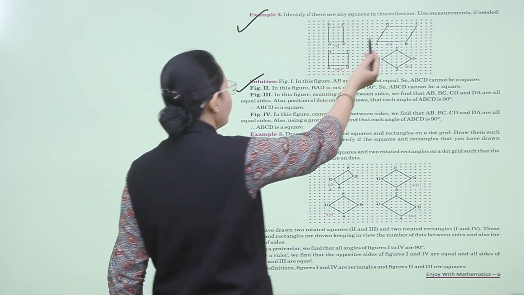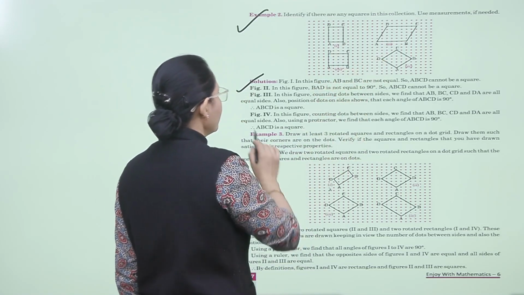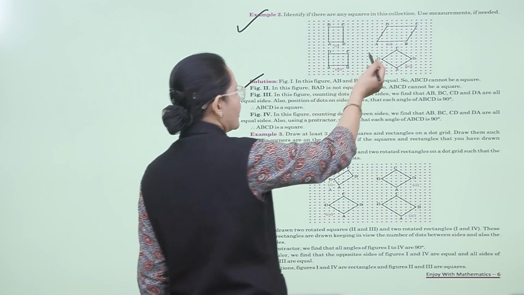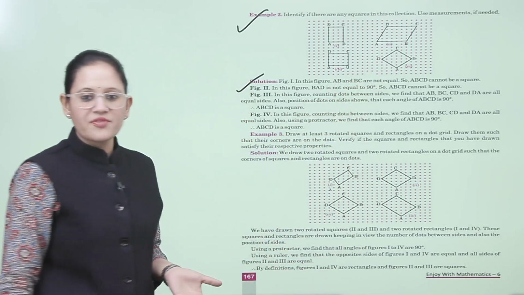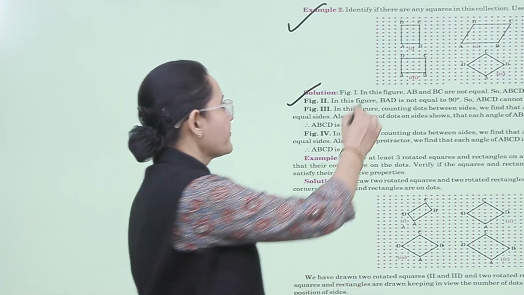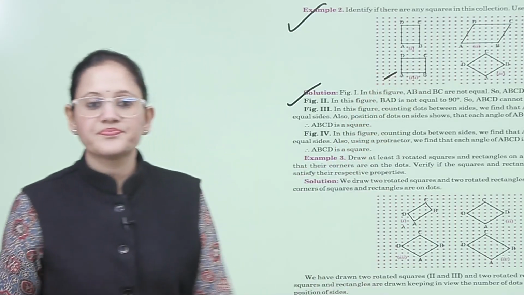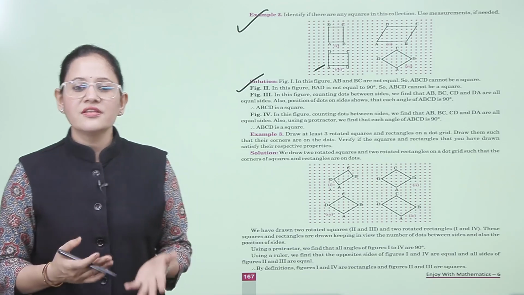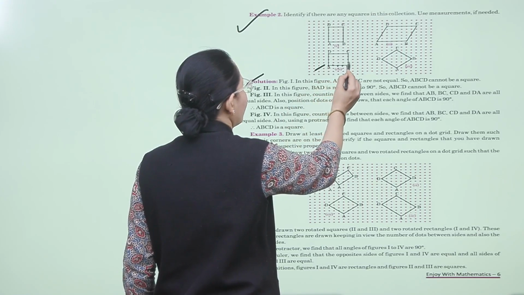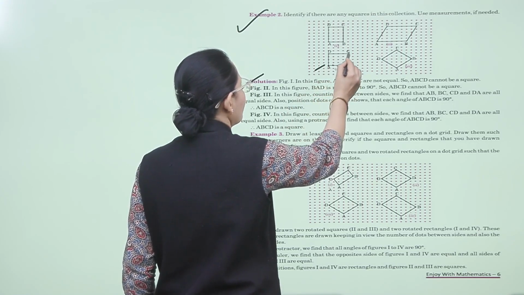In figure 2, you can see angle BAD is not equal to 90 degrees, because in a square all the angles are 90 degrees, that means this is not a square. In figure 3, if we count the dots, 1, 2, 3, 4, 5, 1, 2, 3, 4, 5.